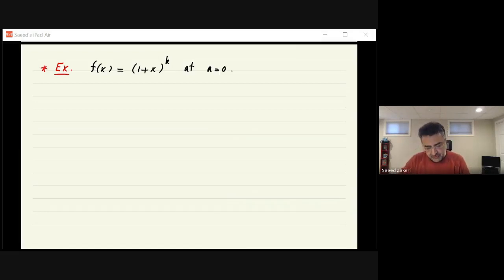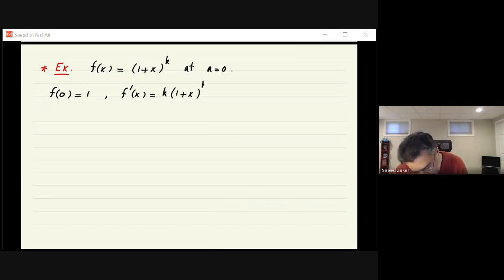So I'm going to show you the first few terms of the Taylor series of this function centered at 0, and then you'll see the pattern. So what do I need? I need f of 0, which is just 1 to the power k, which is 1. For f prime of x, I need to take the derivative and then evaluate it at 0. So f prime of x is k times (1 plus x) to the power k minus 1.